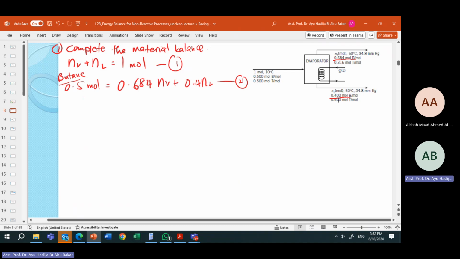Now we have two equations. From 1, we can rearrange so that it becomes NV equals to 1 minus NL.